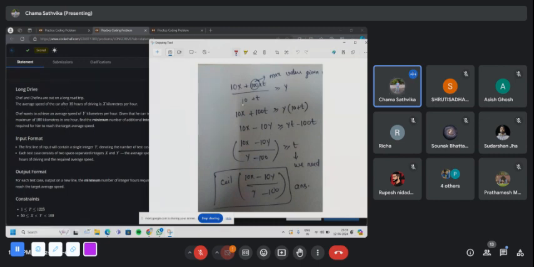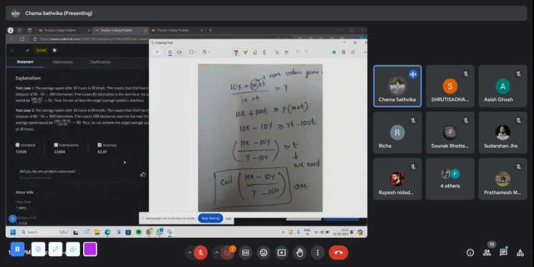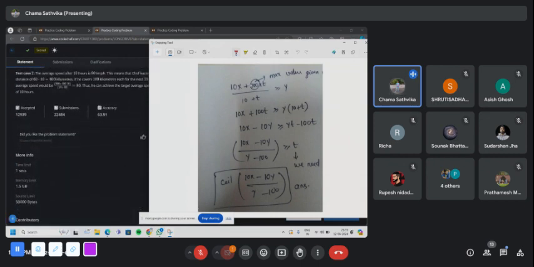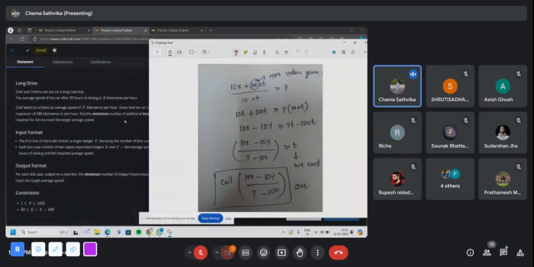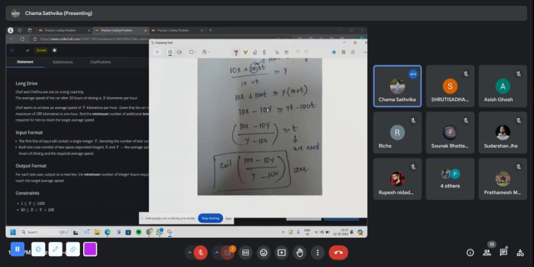So 10 plus the time we need to find, which is greater than or equal to Y, because the maximum distance is 100 kilometers in 1 hour. Simply, we'll do this and we'll get 10x minus 10y by y minus 100.